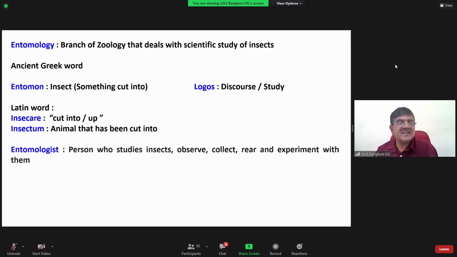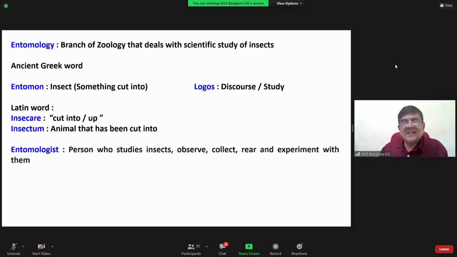The person who studies insects is called an entomologist. He will be studying the insects, observing them, and collecting them for identification purposes.